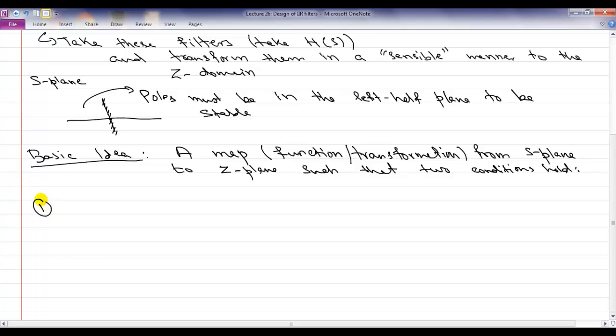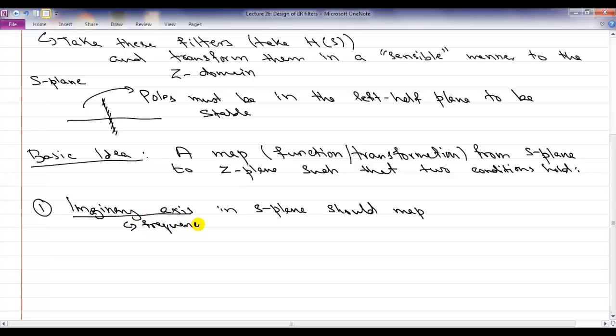So the first idea is that your map should do the following: the imaginary axis in S plane, because the imaginary axis corresponds to the analog frequencies, should map to the unit circle in Z plane, because that's what corresponds to the frequencies in the discrete world.